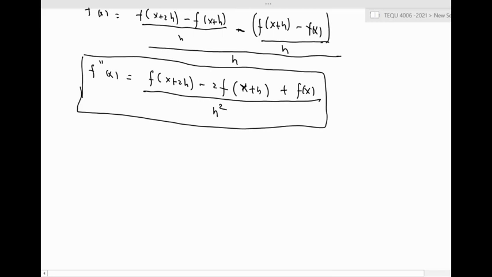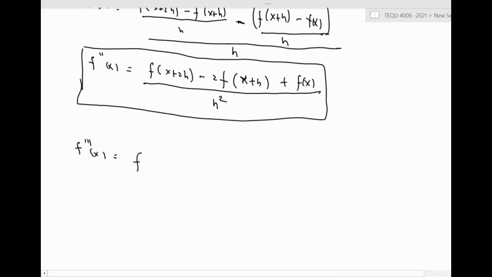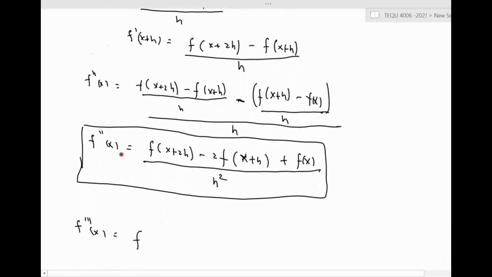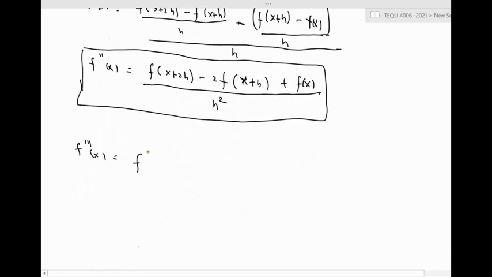So let's do the third derivative. The third derivative of x, by definition, is just the second derivative of x plus h minus the second derivative of f of x, divided by h.